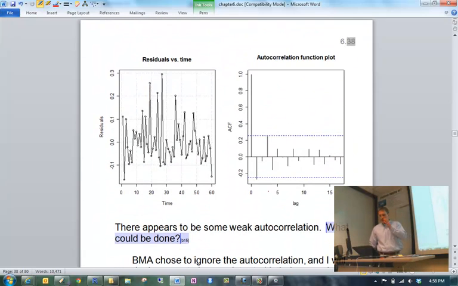And so I did some plots. Here's my residuals over time, and as often occurs, it's kind of hard to see a dependent structure unless it was quite obvious. And then on the right-hand side, I do a plot of these autocorrelations.